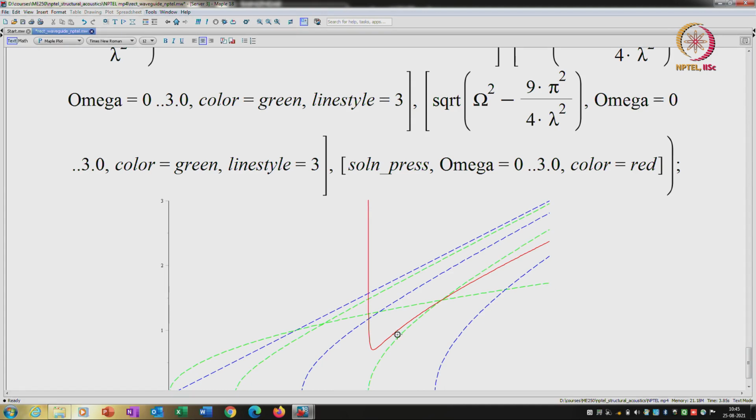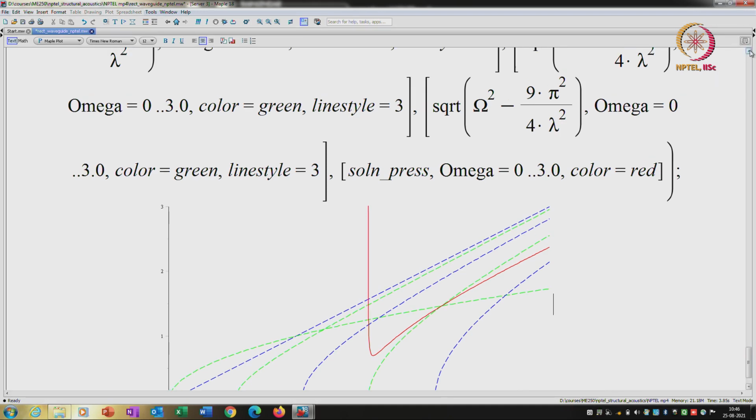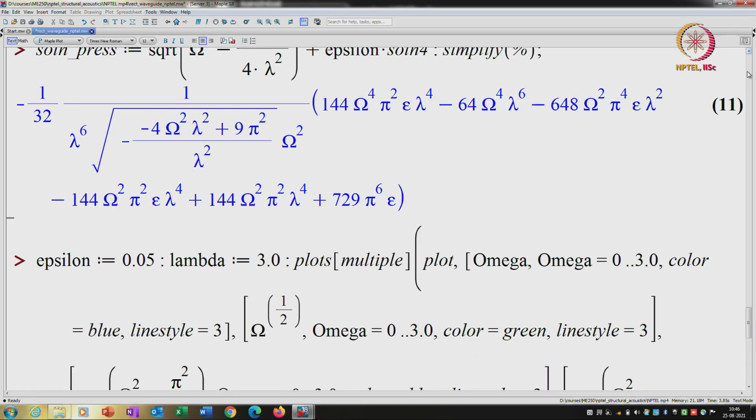If I have to show on this graph itself, for small values of epsilon my curve will be close to the rigid duct, and somewhere it will transition to coupled flexure, cross through this point, rise above, follow the next rigid duct cut-on. As my epsilon value goes up, I have chosen an epsilon value which is 1 over 0.05, which is like 20.